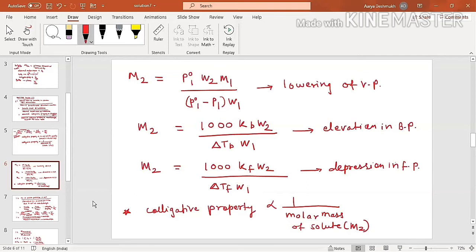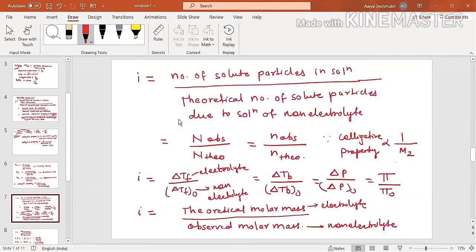Now, if you want to put this in terms of electrolyte, what can be done? Here, i is nothing but the number of solute particles in solution, because they are dissociating here. Electrolytes dissociate. So number of solute particles in solution divided by theoretical number of solute particles due to solution of non-electrolyte. It is again the same thing, electrolyte divided by non-electrolyte.